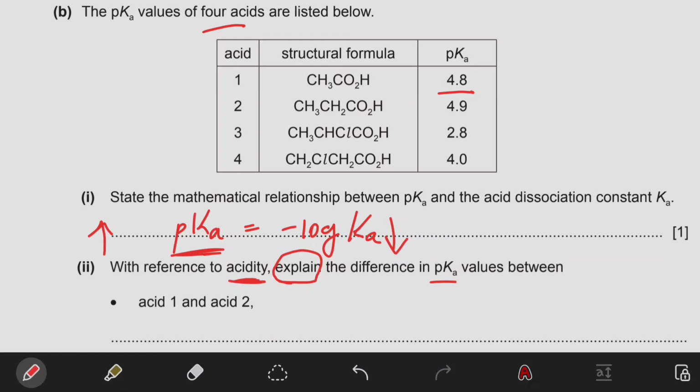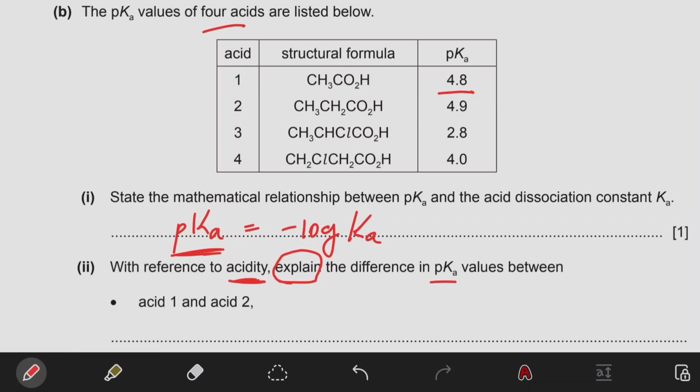And if you put a bigger value for Ka, then the pKa value would be smaller. So the pKa value for acid 1 is smaller, which means it must have a higher Ka value. Ka is the acid dissociation constant, so it means that acid 1 is more acidic than acid 2.